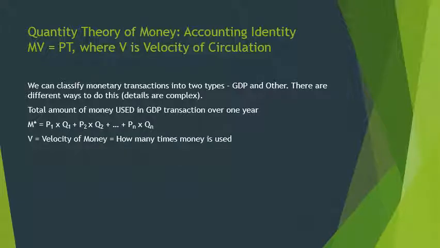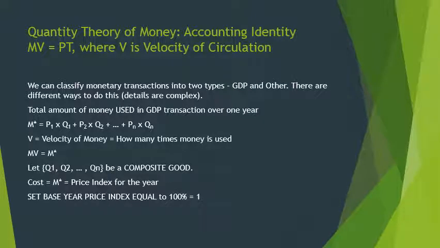Now this M star is not the same as money, because money will be used over and over again. So we need to look at the V, which is the velocity of money, which is how many times one piece of money is used. And so basically the total amount of money multiplied by the number of times it is used is equal to M star, which is the actual amount of money used in all the transactions.